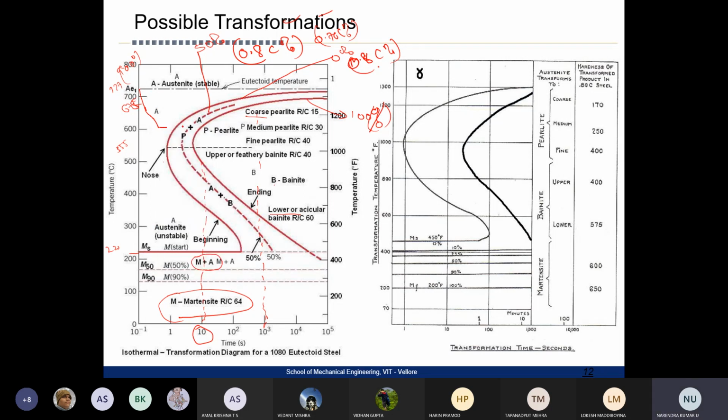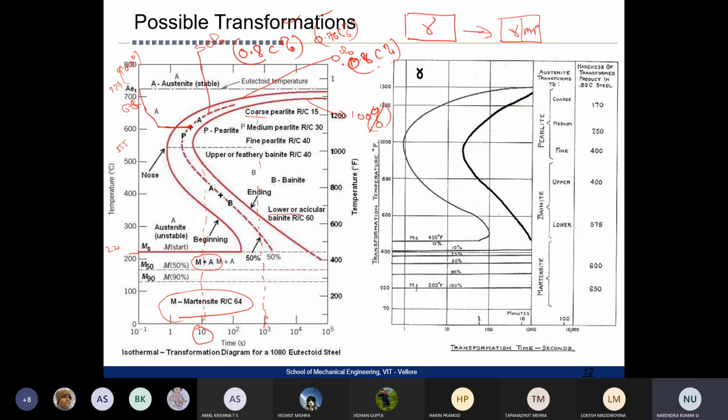You do the transformation till this 50% line. That means initially, which was completely austenite, has now converted only 50%. So 50% is converted to medium perlite, but the remaining 50% is still austenite.